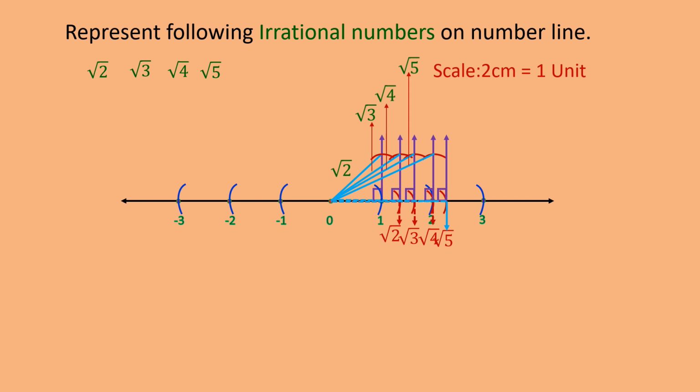You can keep on going as much as you want. In the same way you can draw to the left side. With the same method, when you draw to the left side of 0, you will get minus 2, minus 3, minus 4, minus 5. So basically it is based on a right angle triangle, and we apply the Pythagoras theorem to get the length of the hypotenuse.